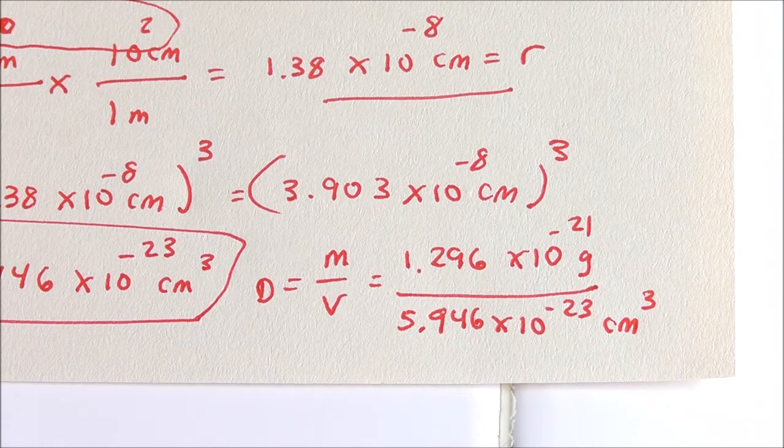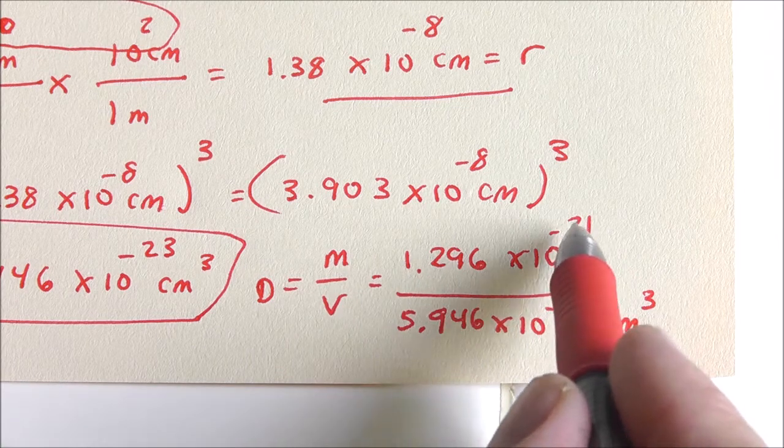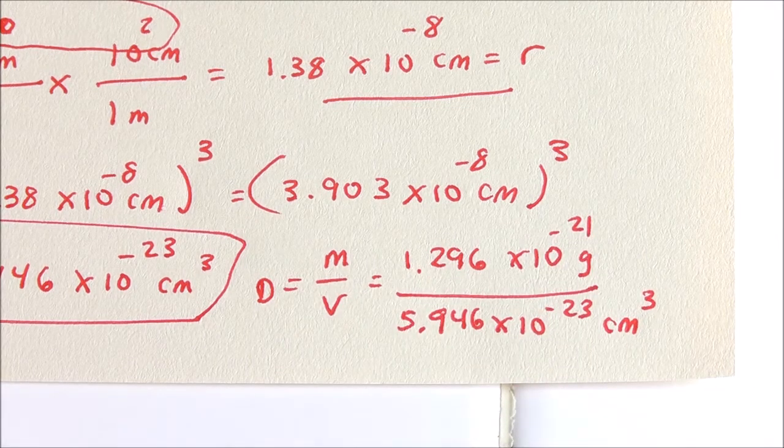All right. I went ahead and fed those numbers in. Now, I am feeling moderately good about myself. As a matter of fact, what I could do is move this to be both powers of 10 to the minus 23. That would be like dividing 129.6 by 5.946.